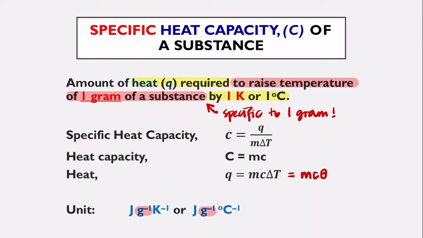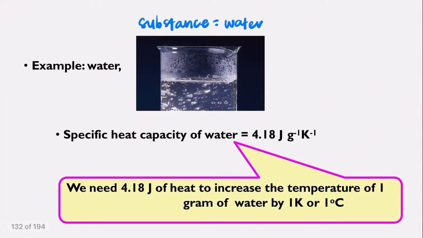The unit will be joule per gram per Kelvin or joule per gram per degree Celsius. This per gram refers to specific to 1 gram of substance, how much heat is required. Let's say we have the substance which is water.